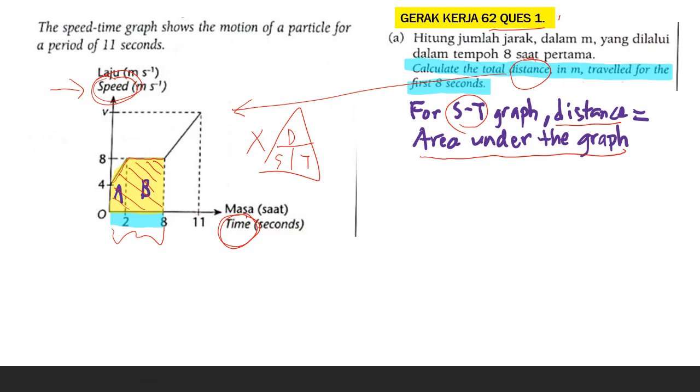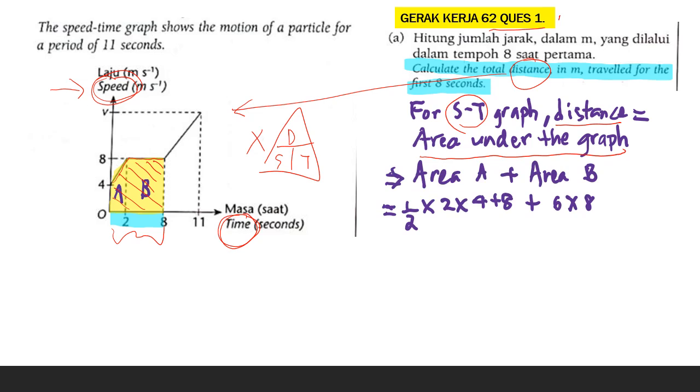So you just find the area, area A plus area B. So area A, use the trapezium formula, 1/2 times the height, and then you times with the parallel lengths, this one and this one. And then for area B is very easy, it's a rectangle, so 6 times 8, so you get 60. That is the distance for the first 8 seconds.